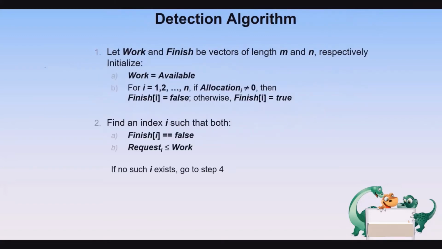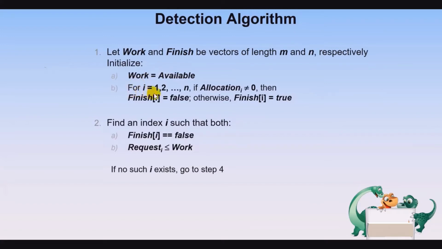Alright, so this is the detection algorithm. Let Work and Finish be vectors of length m and n respectively. Initialize Work equals Available, just like what we did earlier in the Banker's algorithm demonstration.